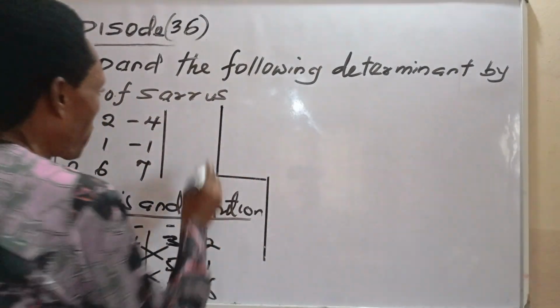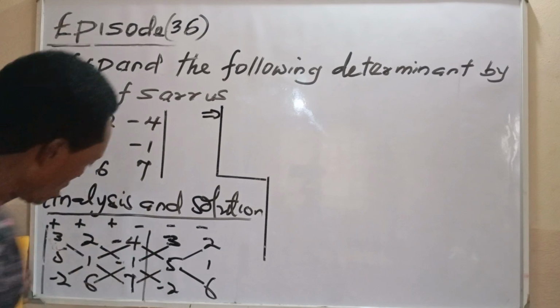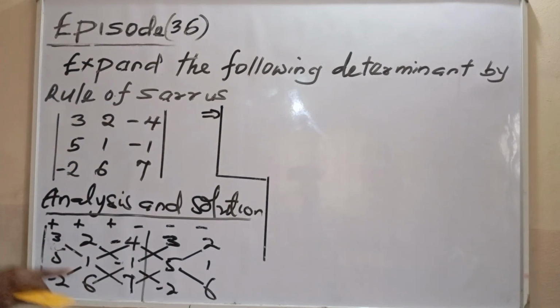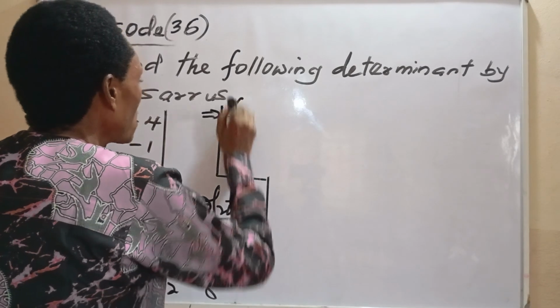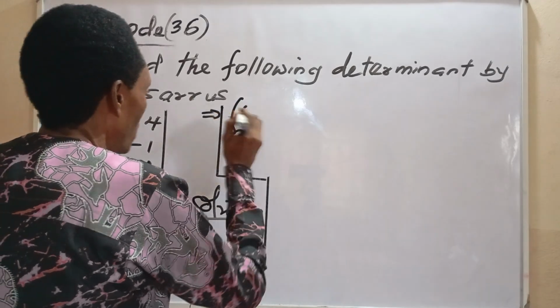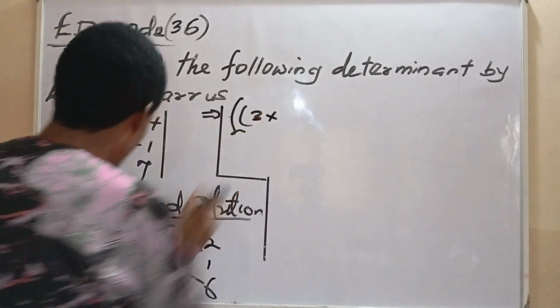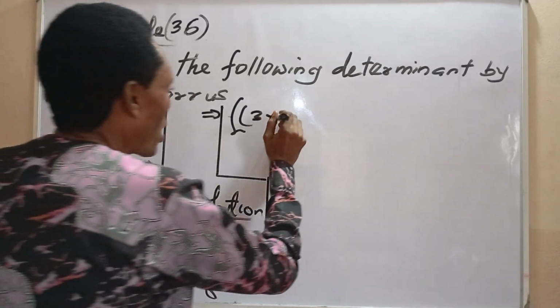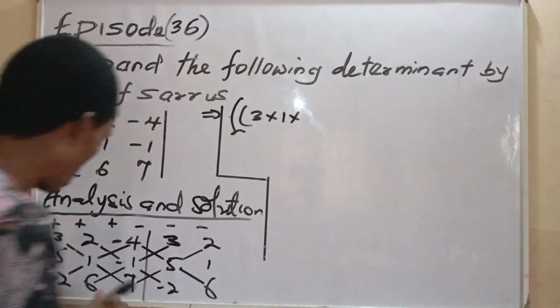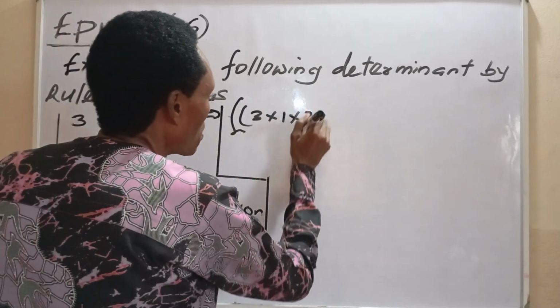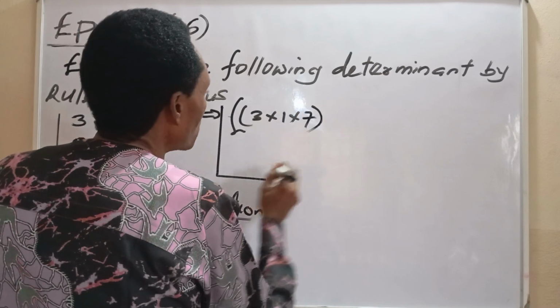Which implies, we start multiplying. Open a bracket: 3 times 1 times 7, and close it.